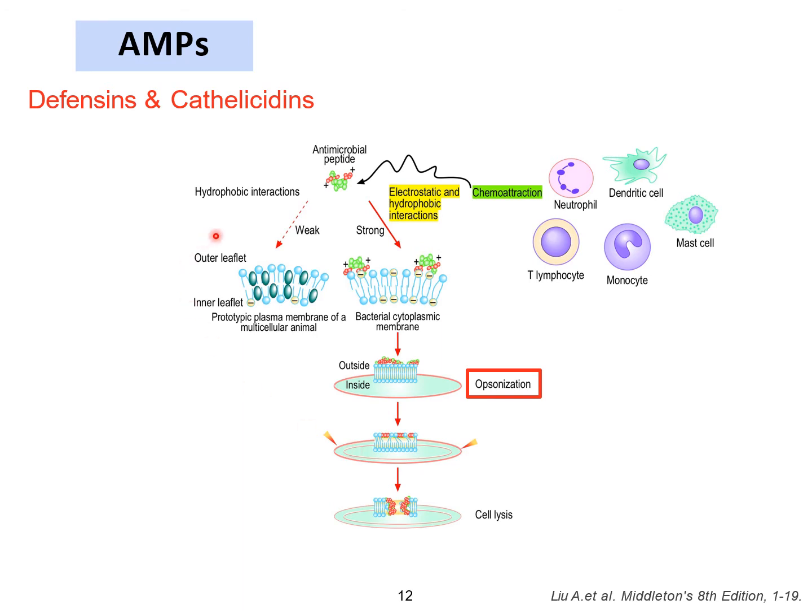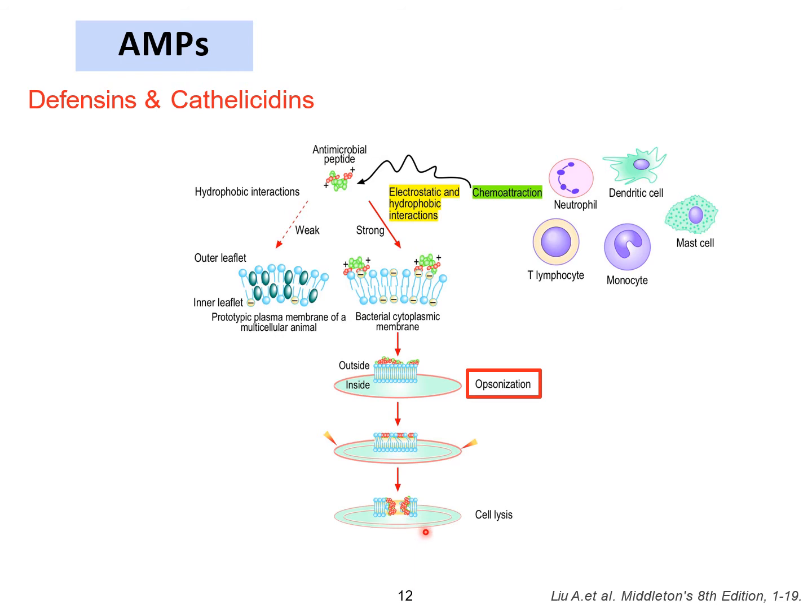Antimicrobial peptides are defensins and cathelicidin. You can see here in the picture, these are the antimicrobial peptides. They cause hydrophobic interactions, which are very weak, whereas they produce electrostatic and hydrophobic interactions which are very strong with the bacterial cytoplasmic membrane, which will cause opsonization by the cells of the host.